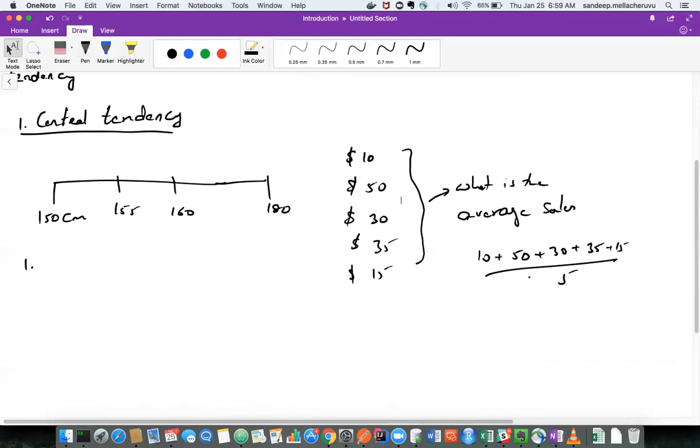Any idea? Why didn't he, he has all the data, right? He has all the 100 records. Why didn't he go and look at that? Instead asks you to compute something else. What is the reason for asking us this average value?